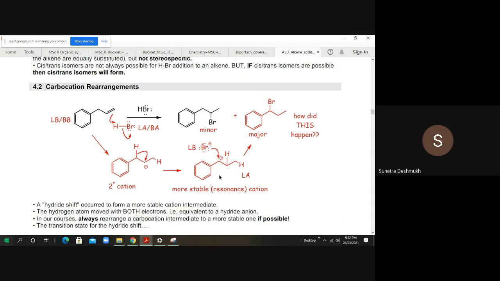As this stabilized carbocation forms at a faster rate, whatever Lewis base is present in your flask or reaction mixture gets attached quickly to this carbocation, and we will get this major product. So pay attention. Remember, the carbocation which is highly stable only gives the major product of the alkylation or halogenation reaction. So this bromo compound is the major product.